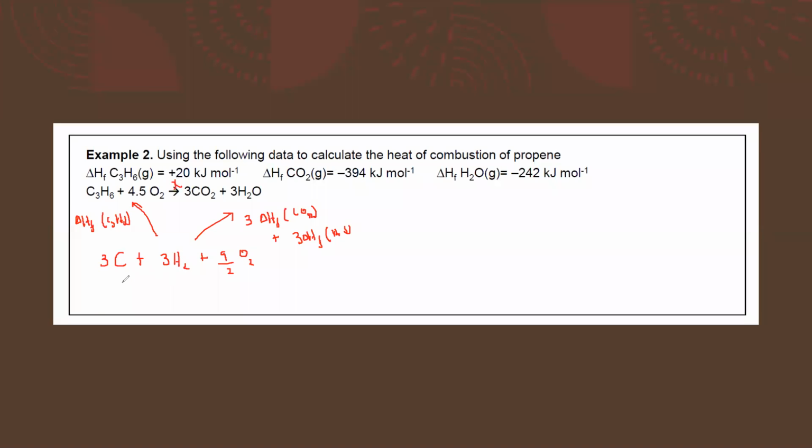So when I apply the Hess law, where the 2 arrows are pointing out, that is the start or the beginning of the cycle, and where 2 arrows are pointing in, that is the end of the cycle.